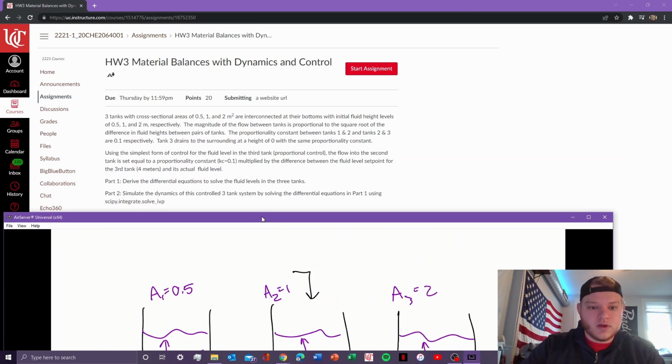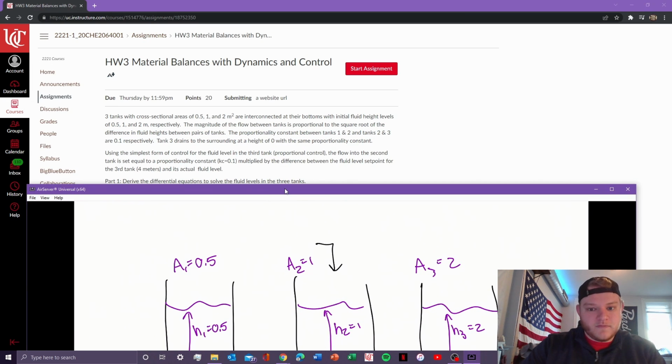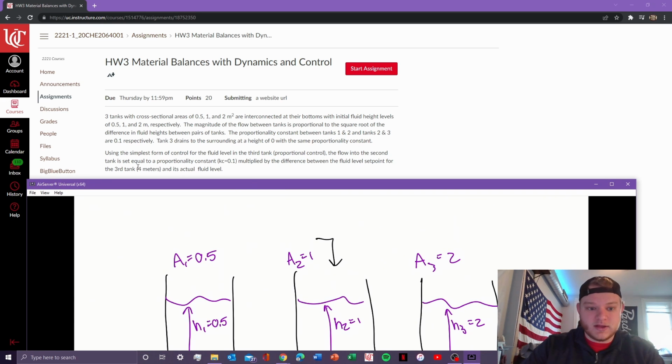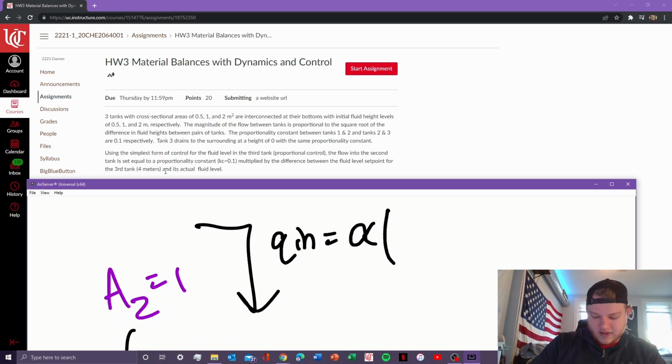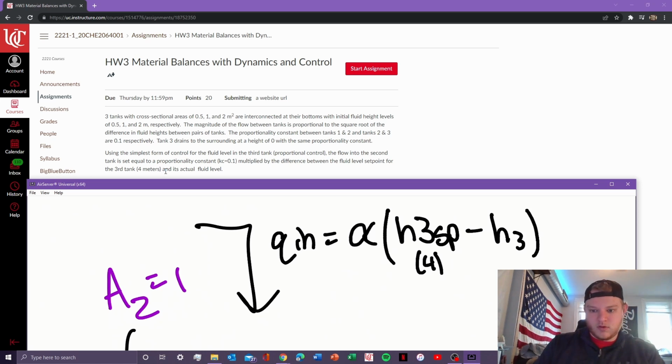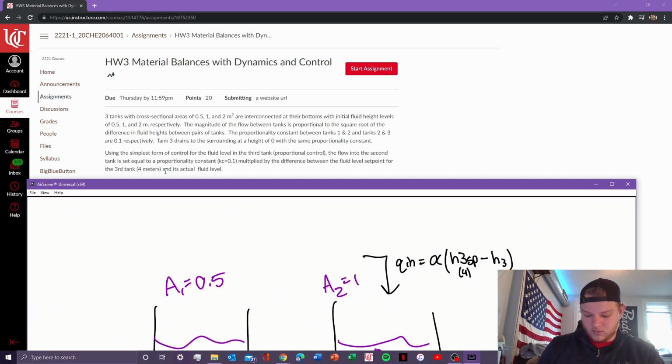So then we come to the flow in. The flow into the second tank is set equal to the proportionality constant multiplied by the difference between the fluid level set point for the third tank and its actual fluid level. So the flow in is equal to the proportionality constant times the height of tank 3 set point, which is 4, minus the actual height of tank 3, which we don't know until we do some equations.